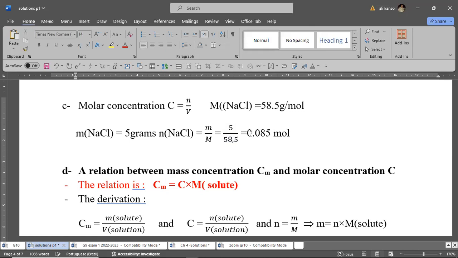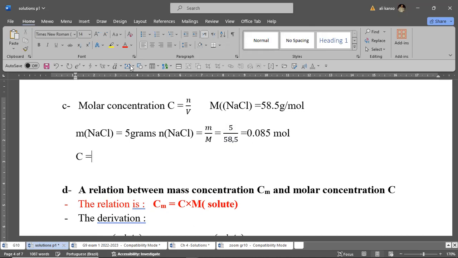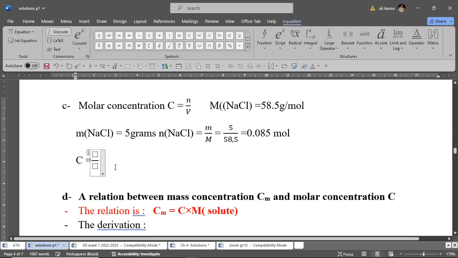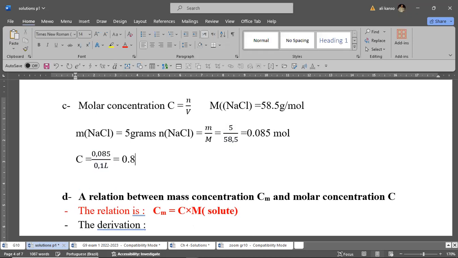Then we can find C is equal to 0.085 divided by 0.1 liter, not milliliter. We will get 0.85 moles per liter. This is direct application.